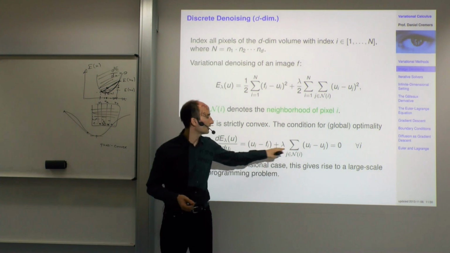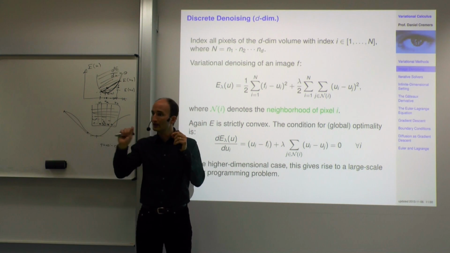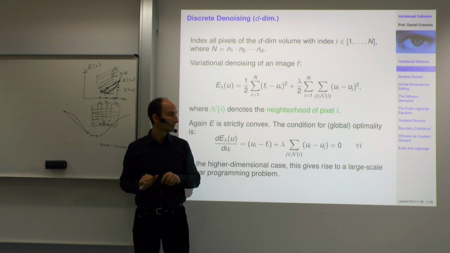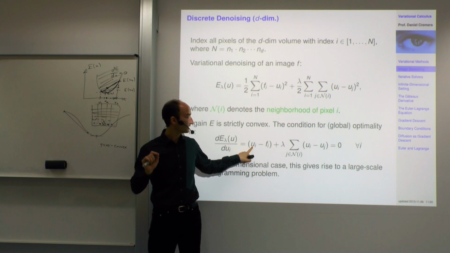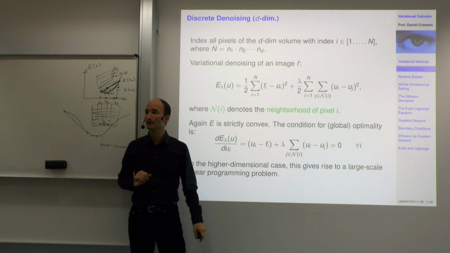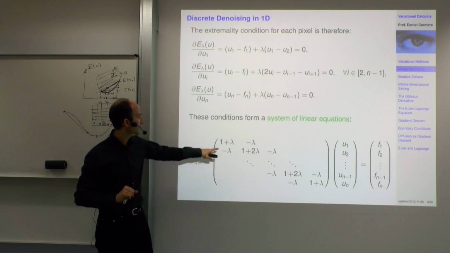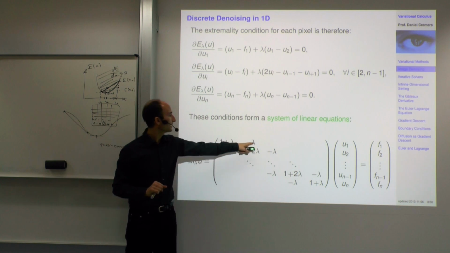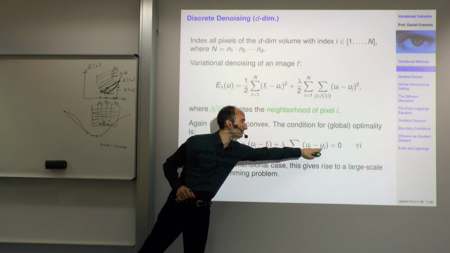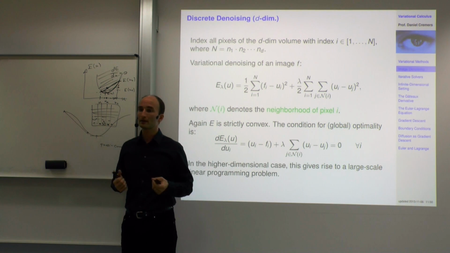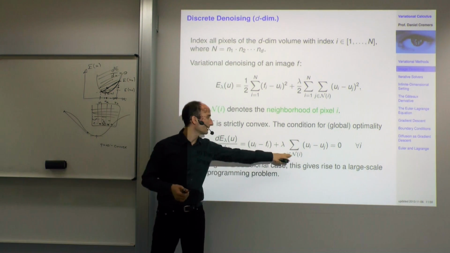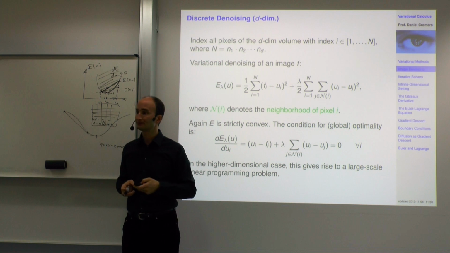So in each row of your matrix, there are going to be 5 non-zero elements actually. One element for the central pixel, which has the value 1 plus lambda, as you can see. As before, we had 1 plus lambda for the central pixel, and then minus lambda for the neighbors u_j, except there are 4 such neighbors. And so compared to the total number of pixels, this is very sparse.